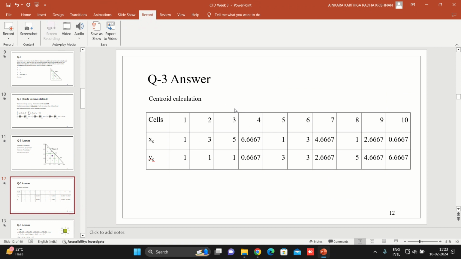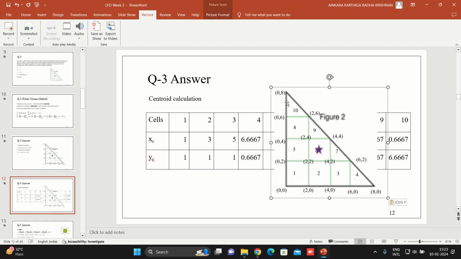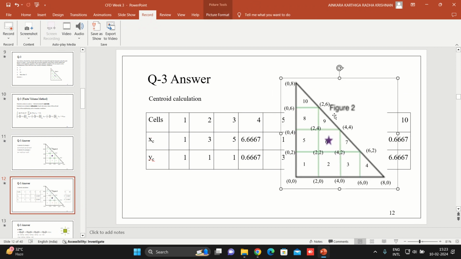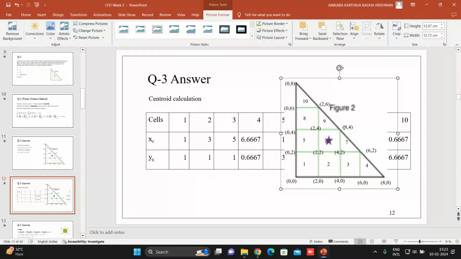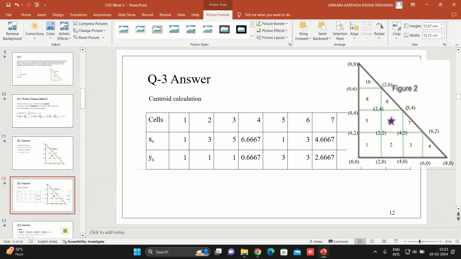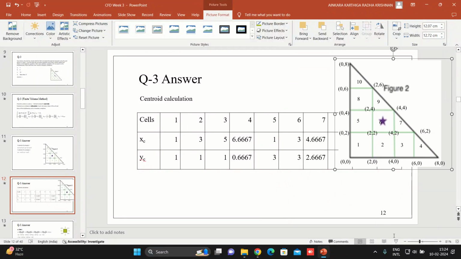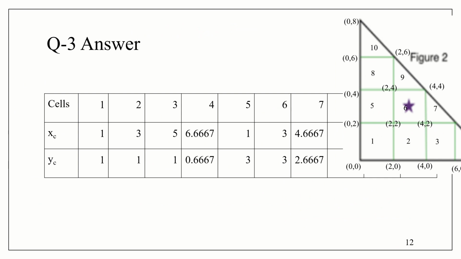For our understanding right now, we'll just keep it over here and see for a few cells first, after that we'll go on. The first cell is from 0, 0 to 2, 0 and 0, 2 to 2, 2.